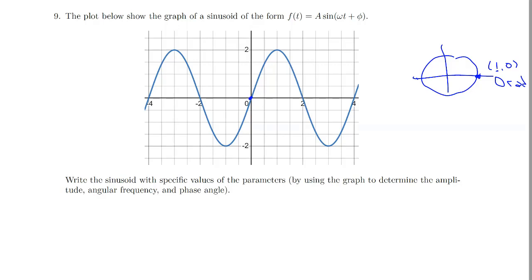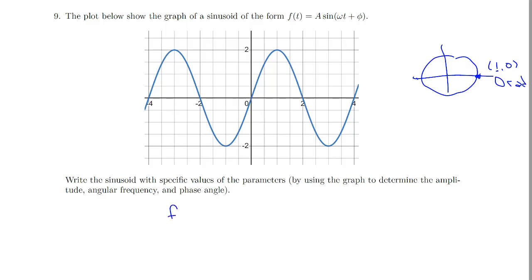I always start sine at 0 and cosine at 1, unless, of course, I've shifted it. But I can tell this isn't shifted because I'm starting my sine at 0 and it's going up. If it was going down instead of up, I would know I have a negative sign.